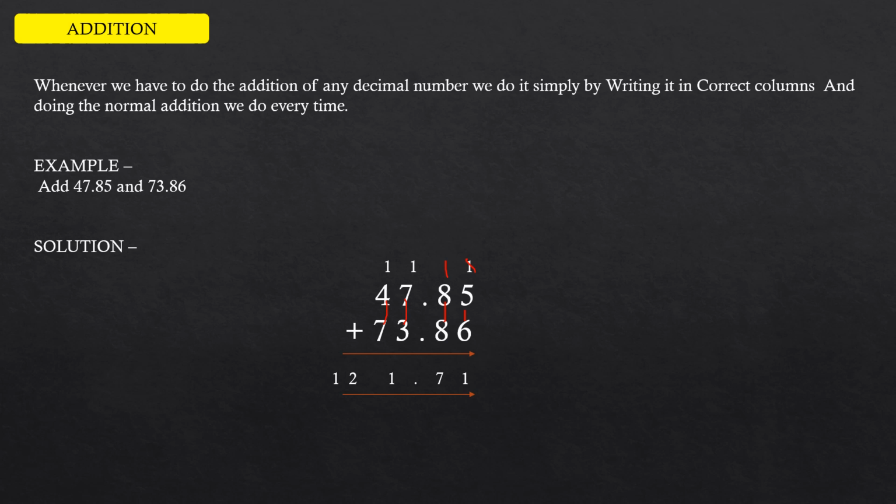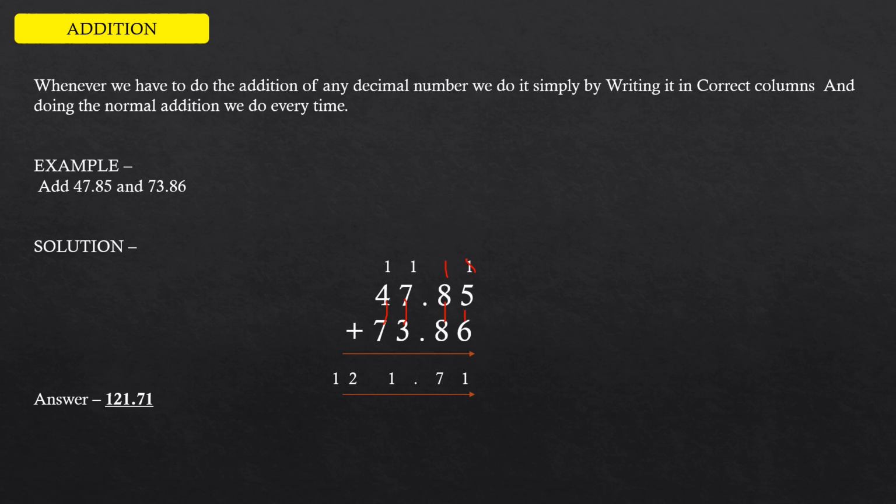Then we have carried it to the next number before the decimal point, right? So 7 plus 3 is 10, and 10 plus 1 is 11. We have carried it to the next number. 7 plus 4 is 11, but 11 plus 1 is 12. So here's the correct solution. So the answer is 121.71.